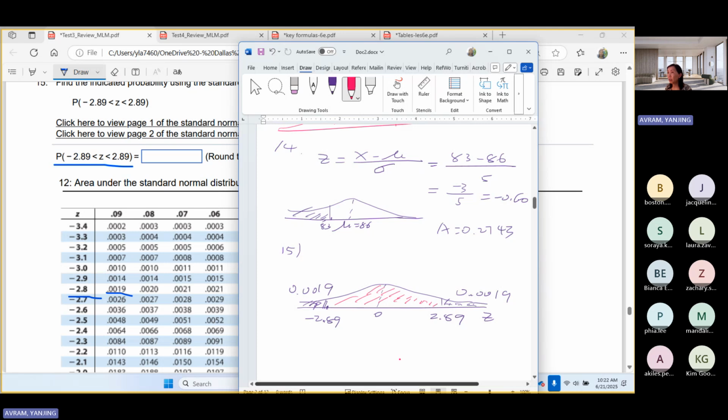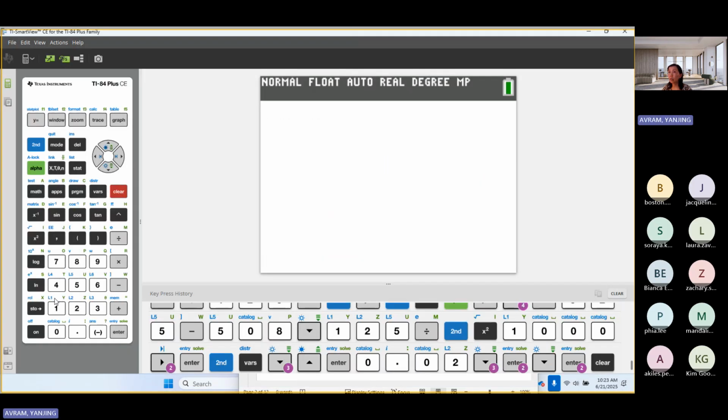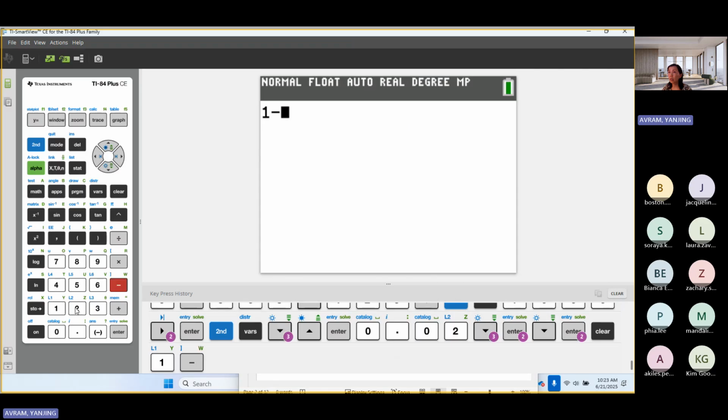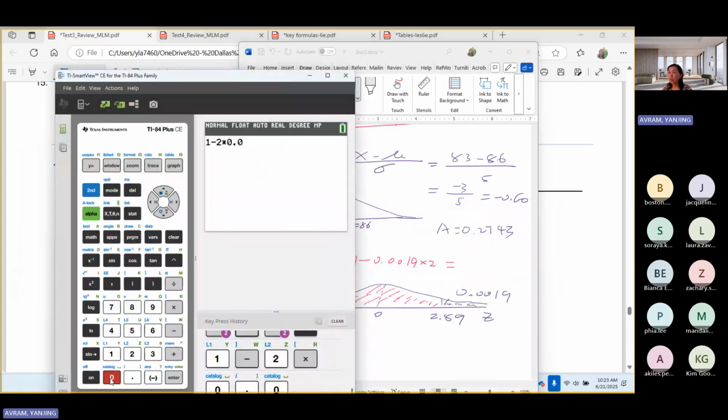So how much is this middle part? You can use 1 minus 0.0019 times 2, right? Or you can add these two together and subtract from 1. Okay, so that's it. So we can use 1 minus 2 times 0.0019.